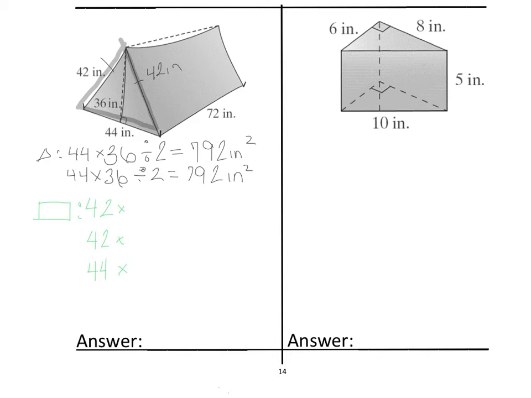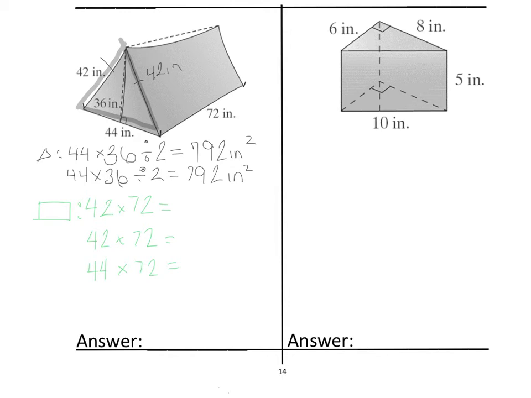We know that 42, 42, 44 are the 3 sides of the triangle. We know 36 is the height of the triangle. 72 has nothing to do with the triangle. It's the edge that connects the 2 triangles. Therefore, being the edge that connects the 2 triangles, it makes it the height of the prism. So that's one way to make it easier.